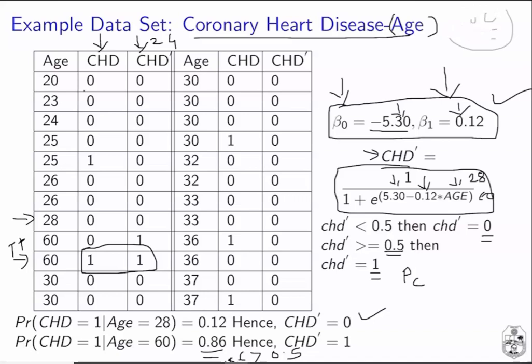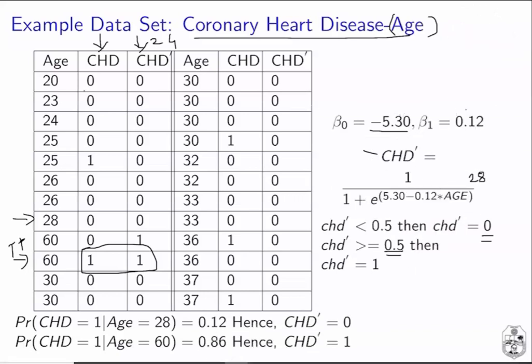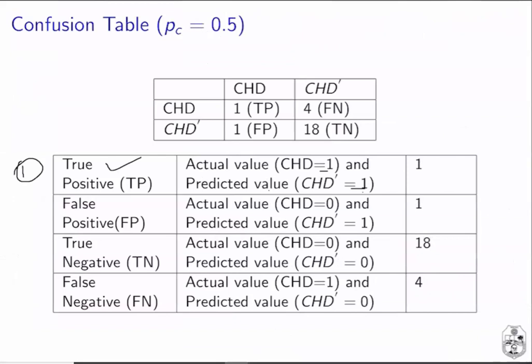Now similarly, there are other types of entries we can see. In case of the second type of entries, the false positive. False positive means the actual value is 0 and the predicted value is 1.